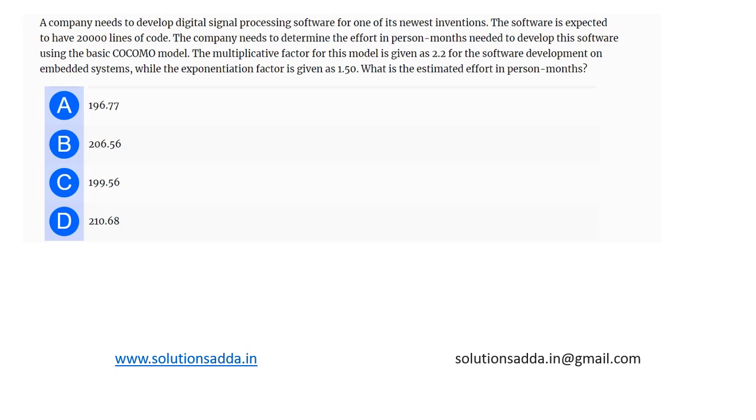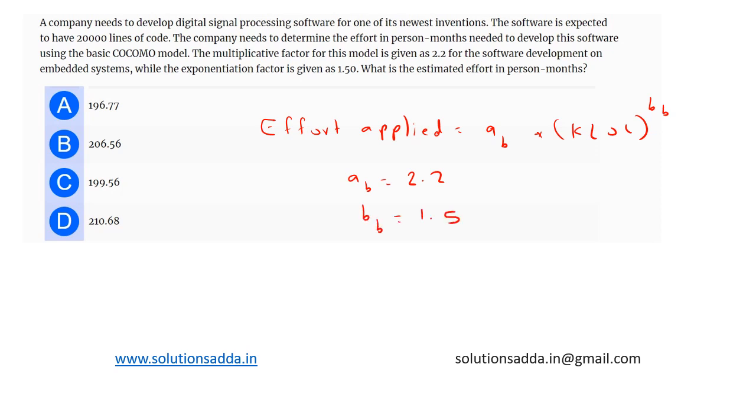First of all, effort applied based on COCOMO model is equal to a into kilo lines of code to the power b. The multiplicative factor is given as 2.2 and the exponential factor is given as 1.5, and kilo lines of code or thousands of lines of code is given as 20,000 divided by 1000, we will get 20.